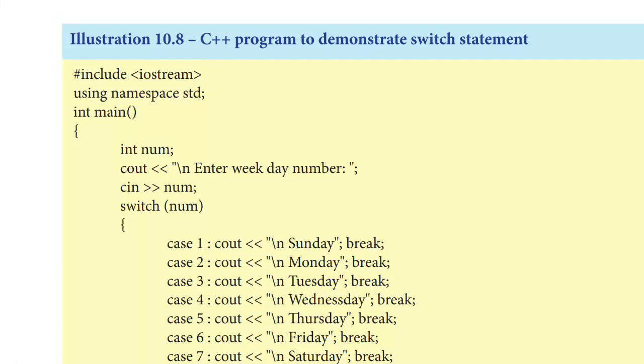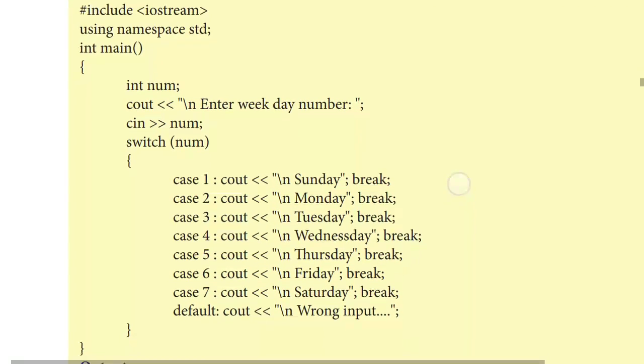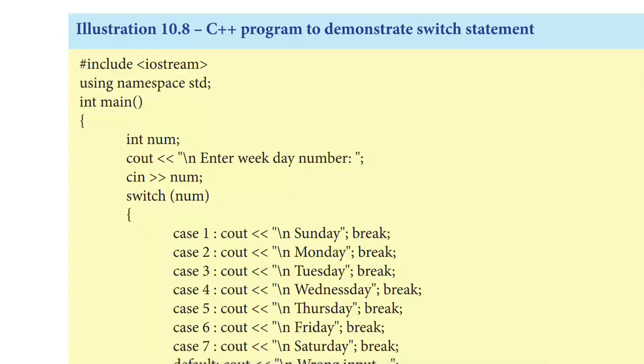C++ program to demonstrate the switch statement. Okay, so here you can see that the user is provided with a message to enter some number from 1 to 7.